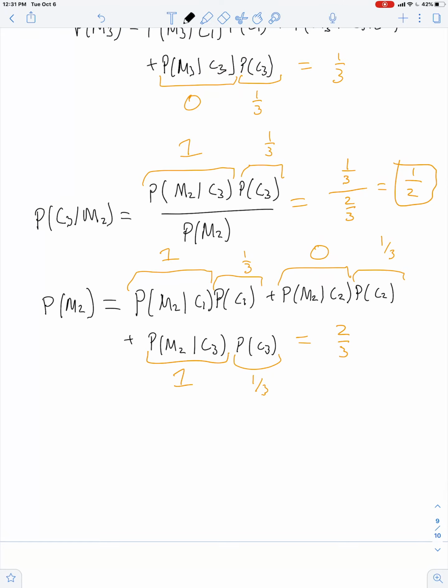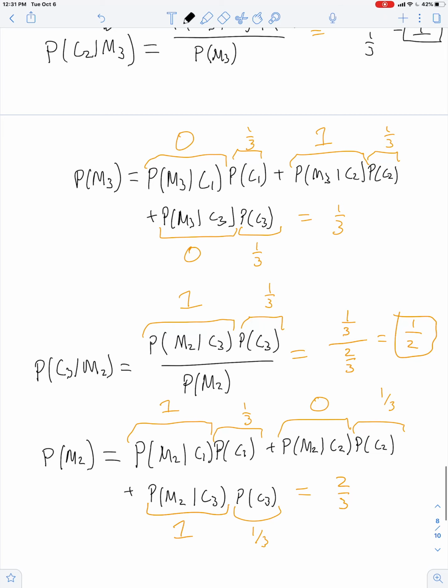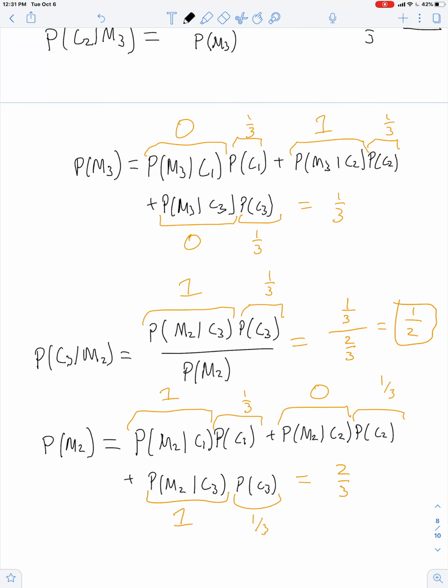So what this tells us is that our strategy for this game is entirely conditioned on what door Monty opens. So if Monty opens door 2, then our probability of winning if we switch is 1/2. And, analogously, the probability that we win if we stay is also 1/2 because it's 1 minus 1/2, right?